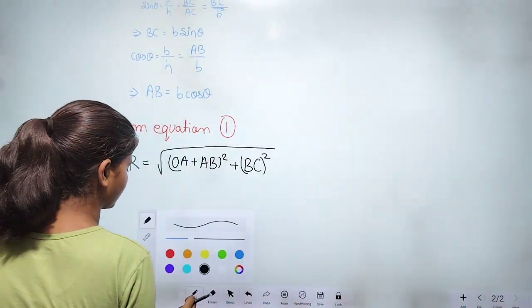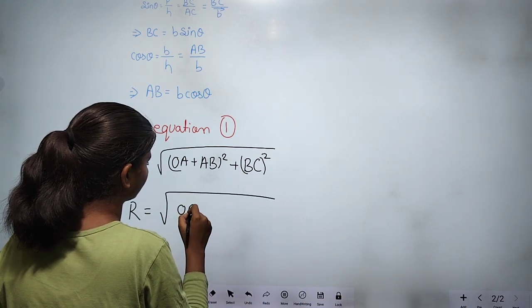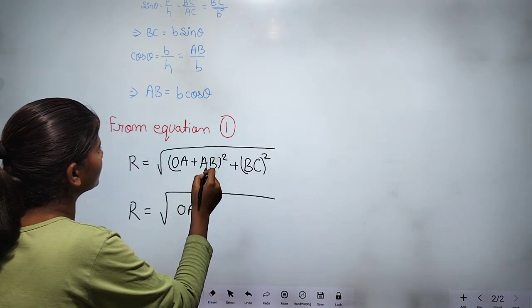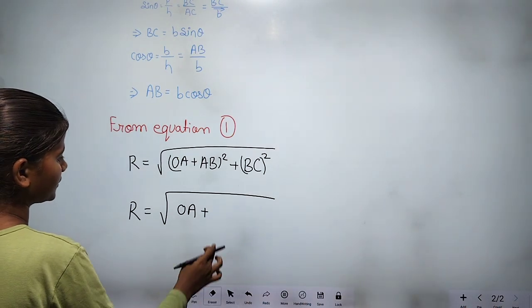Now here, OA plus AB. Here we can write OA on the place of OA.